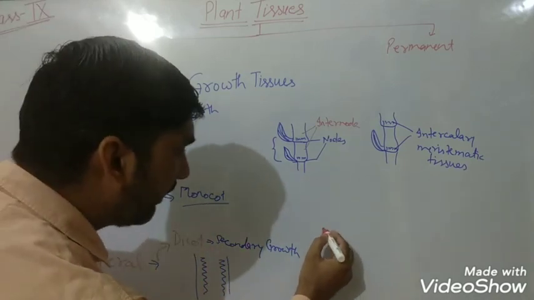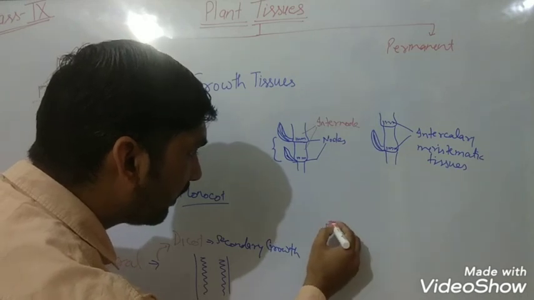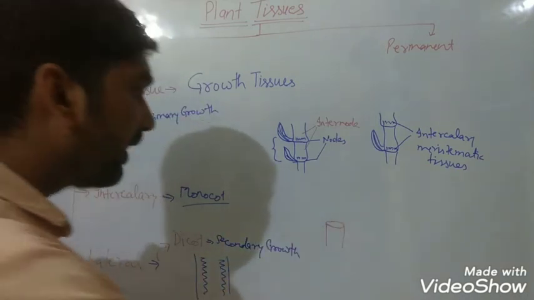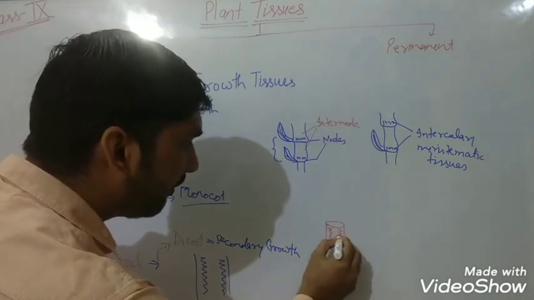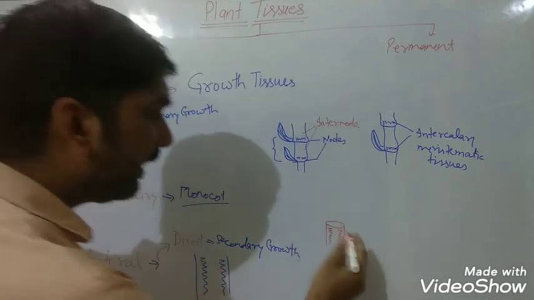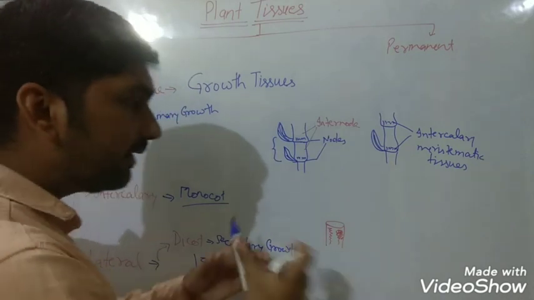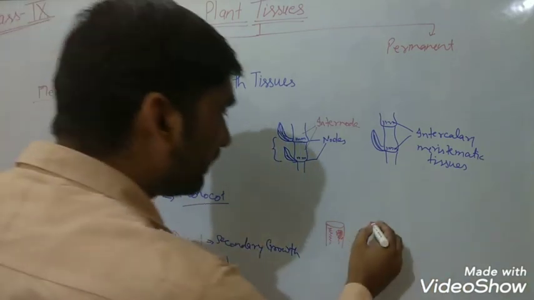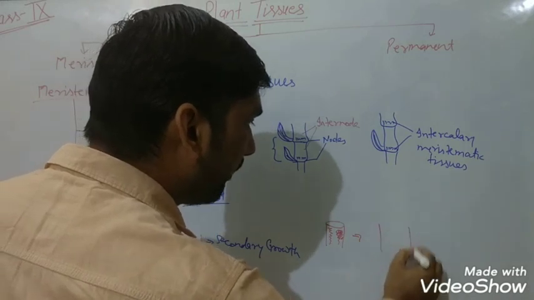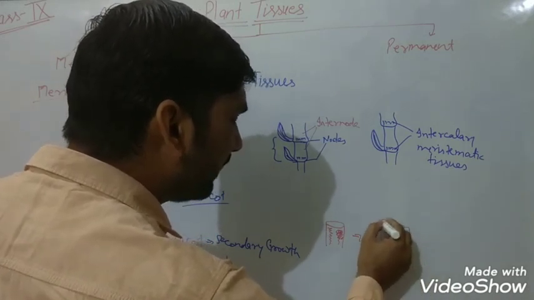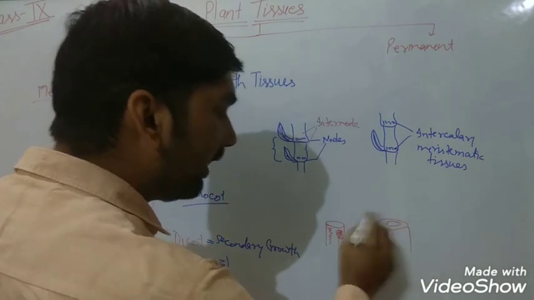How are the lateral meristematic tissues going to help in the growth of dicot plants or vascular plants? Suppose it is a plant with a thin stem. These lateral meristematic tissues are going to divide and divide further, and since they divide, they increase in size. Finally, this stem will become wider, and it will look like this, and a ring will be formed here.